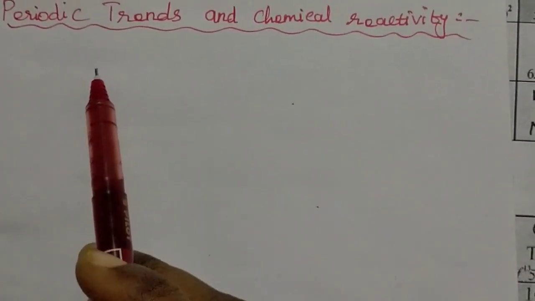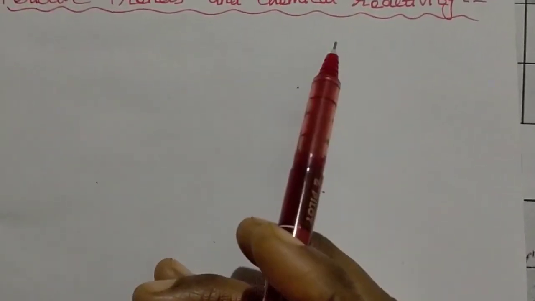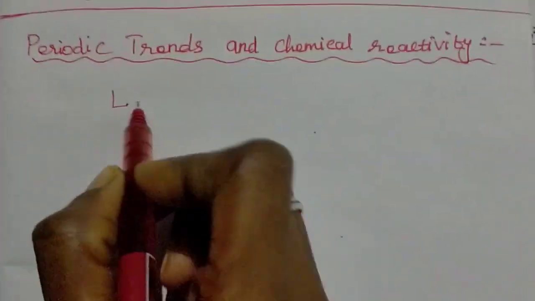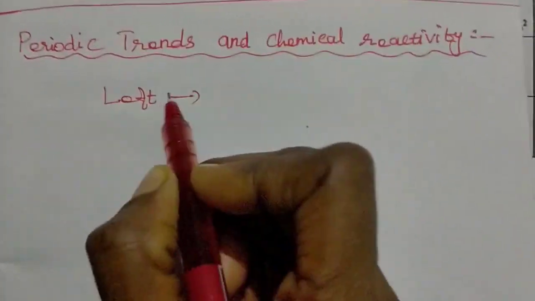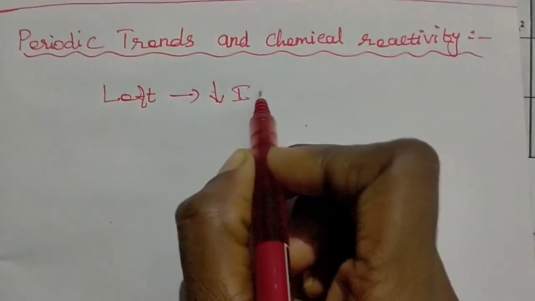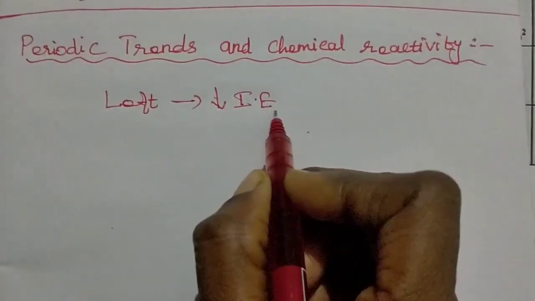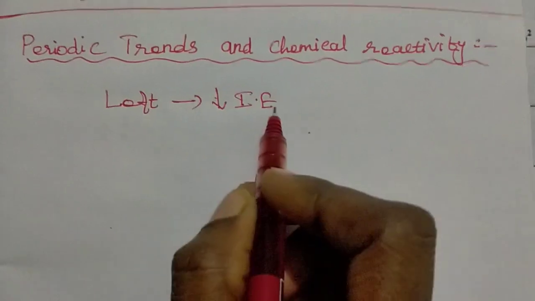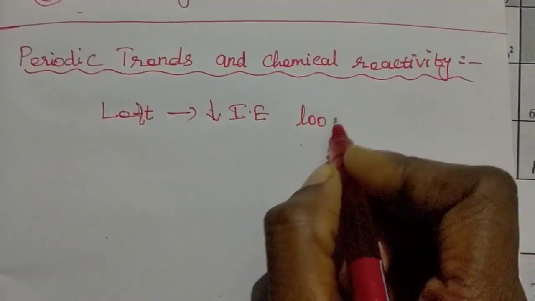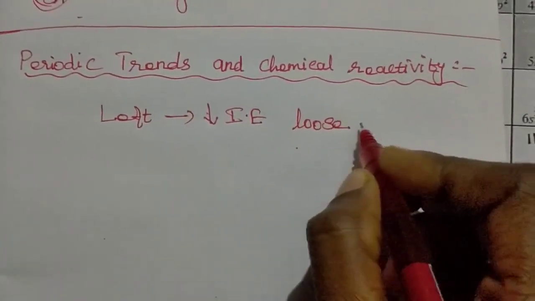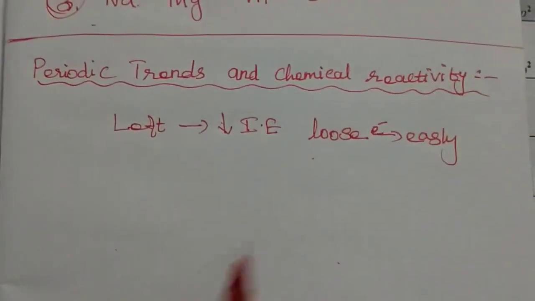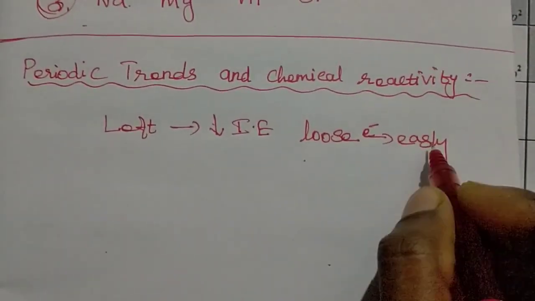If you move to the left side of the periodic table, the elements have less ionization energy, so they can lose electrons readily. They can easily lose electrons.